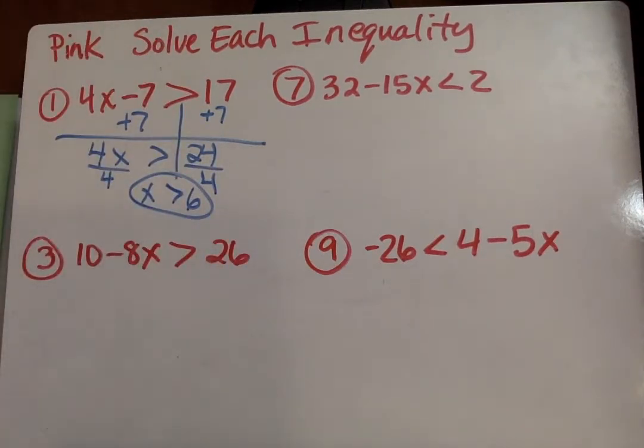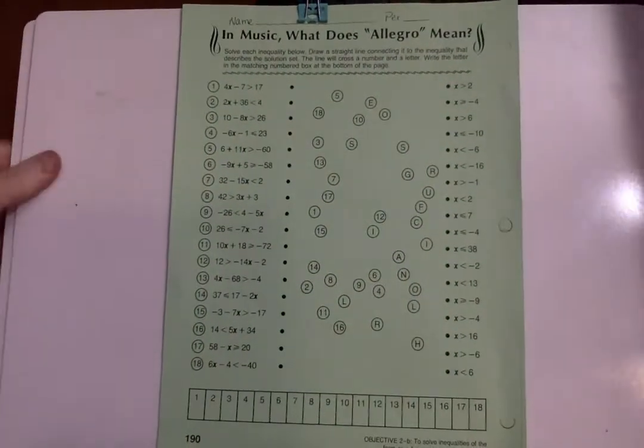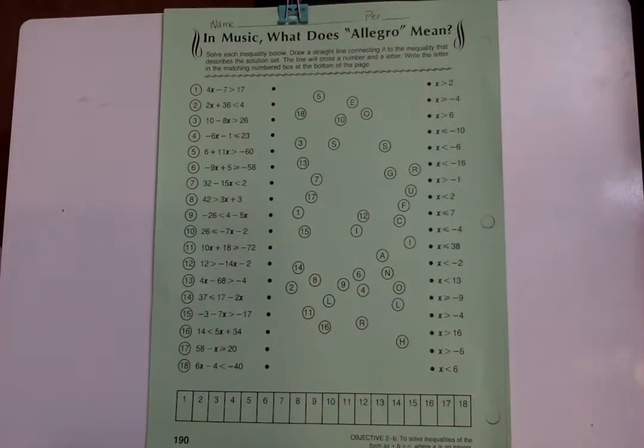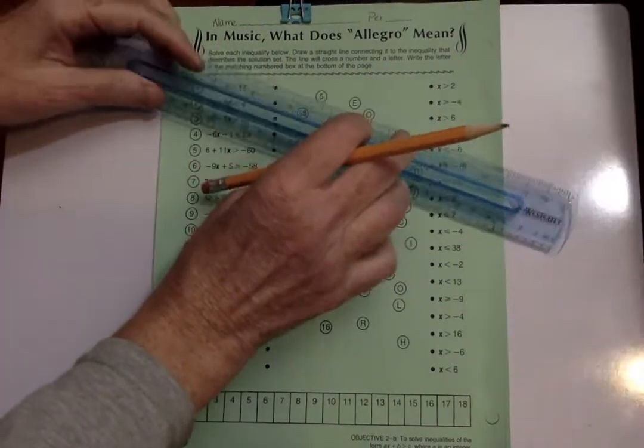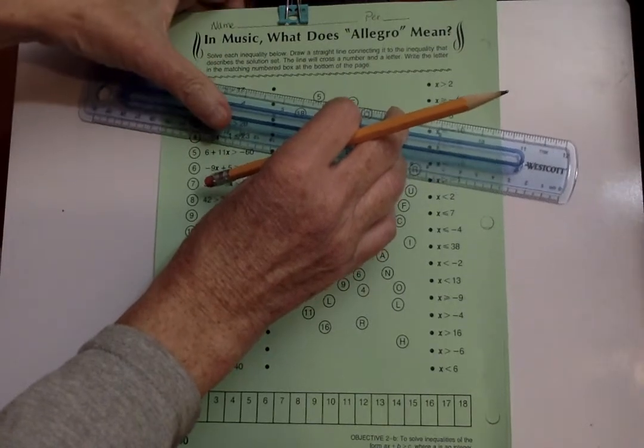Now, we're going to look back and we say, let's see, our answer was x is greater than 6. So then we want to take our ruler and we're going to draw x is greater than 6 from this dot.